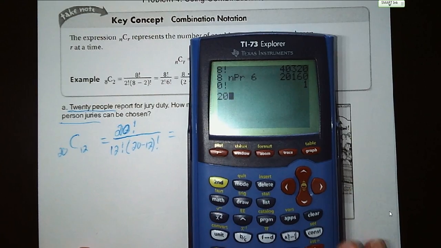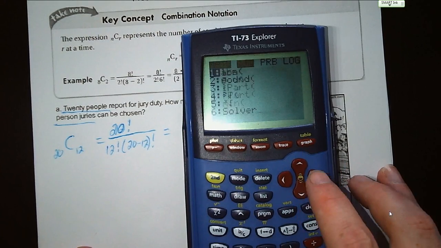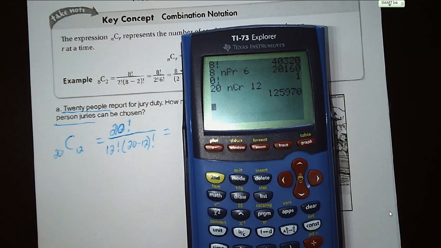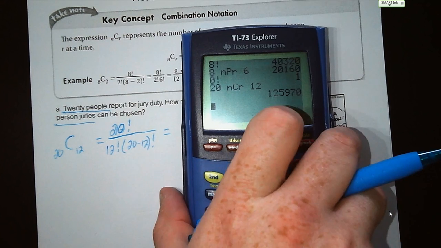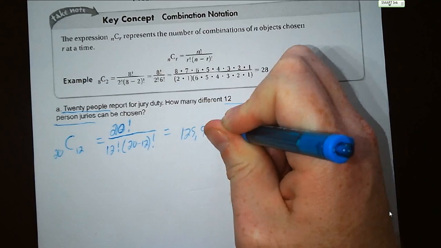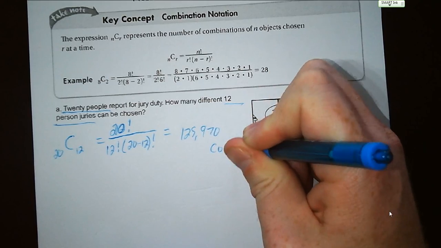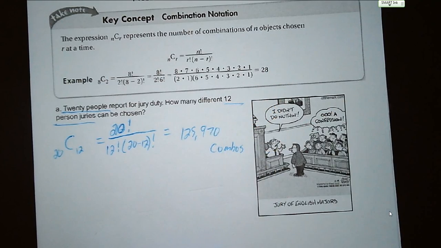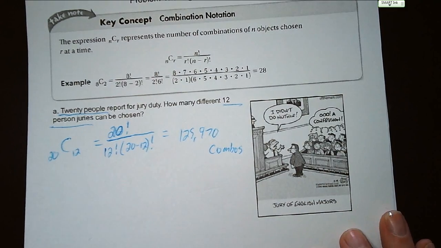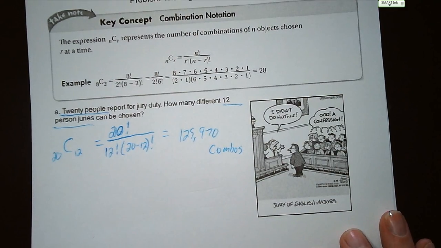So 20 nCr, and we're going 12 at a time. That gives us 125,970 combinations. So with those 20 people, you can come up with that many different juries.